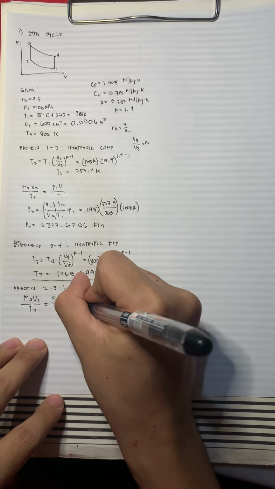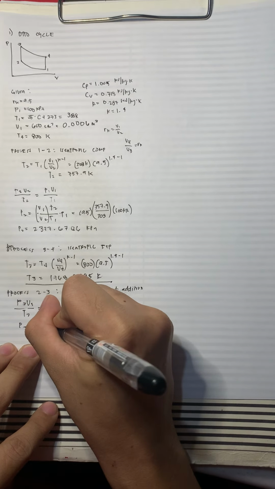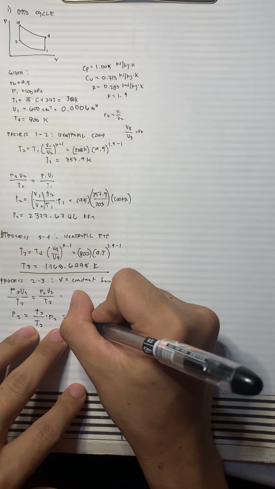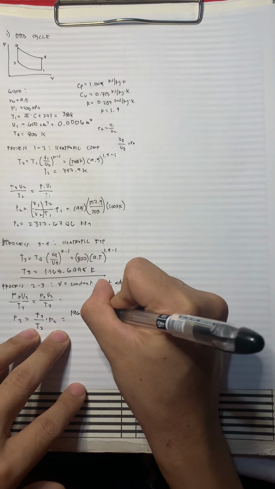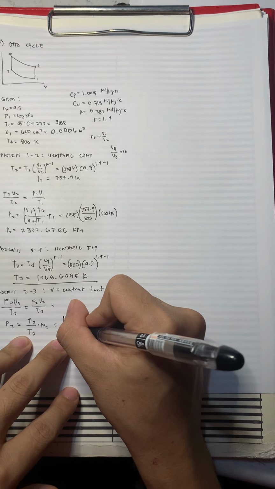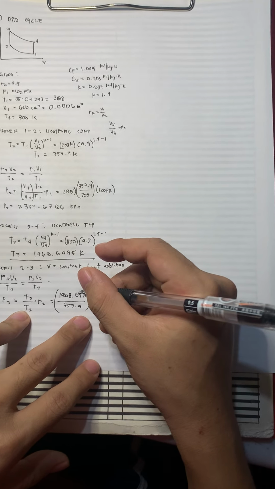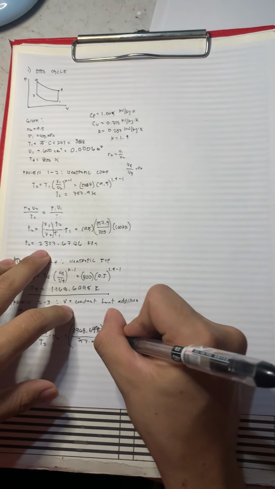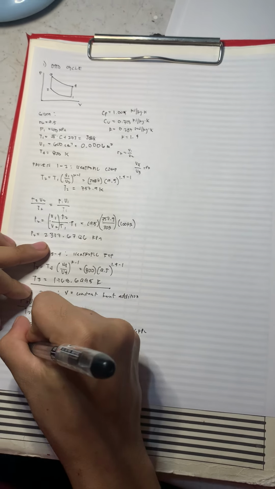To get P3 equals T3 over T2 times P2, equals 1968.6995 over T2, which is 757.9, times P2, which is 2337.6786 kPa.